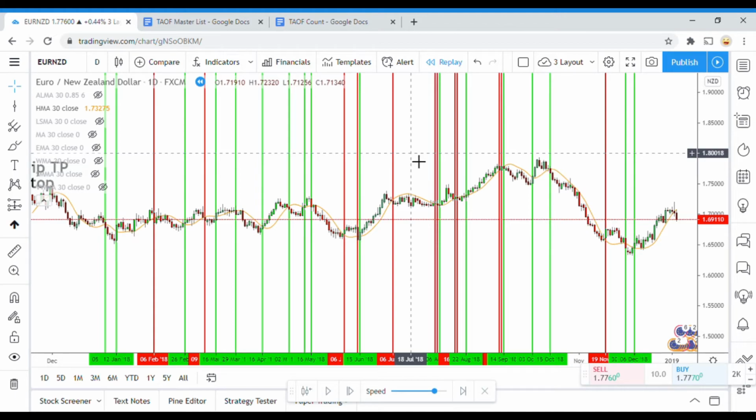But at this point, I feel like that's a really reasonable win ratio that it gave us there. And so I really hate to throw this one out because it just really felt like it was doing a good job of giving these accurate signals, these accurate entries.